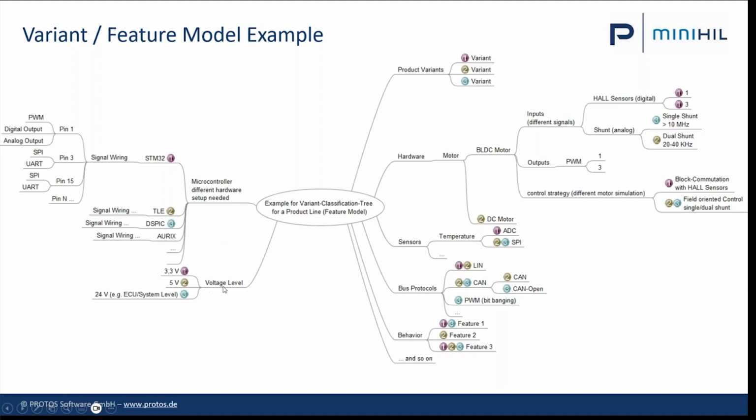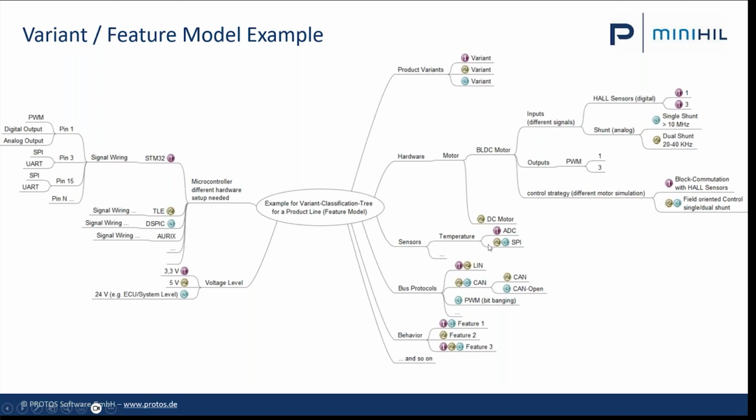Then we could have variants on voltage levels, 3.3 volt, 5 volt, 24 volt, or whatever it is. Then you might have different product variants for different markets or product families, product lines. Then you could have different motors, a BLDC motor, a DC motor. The motors could have different sensors, Hall signals, or a shunt, single shunt, dual shunt, whatever it is.